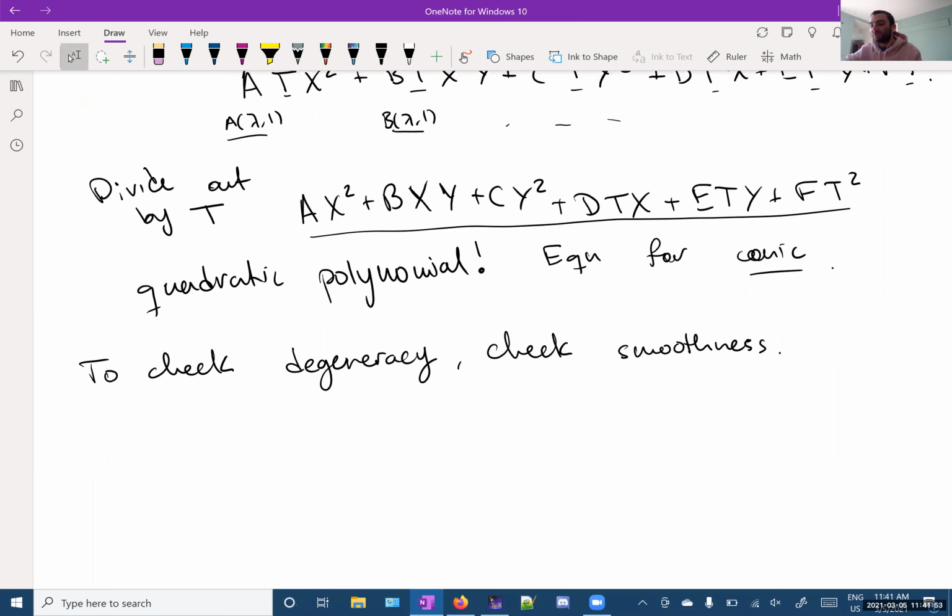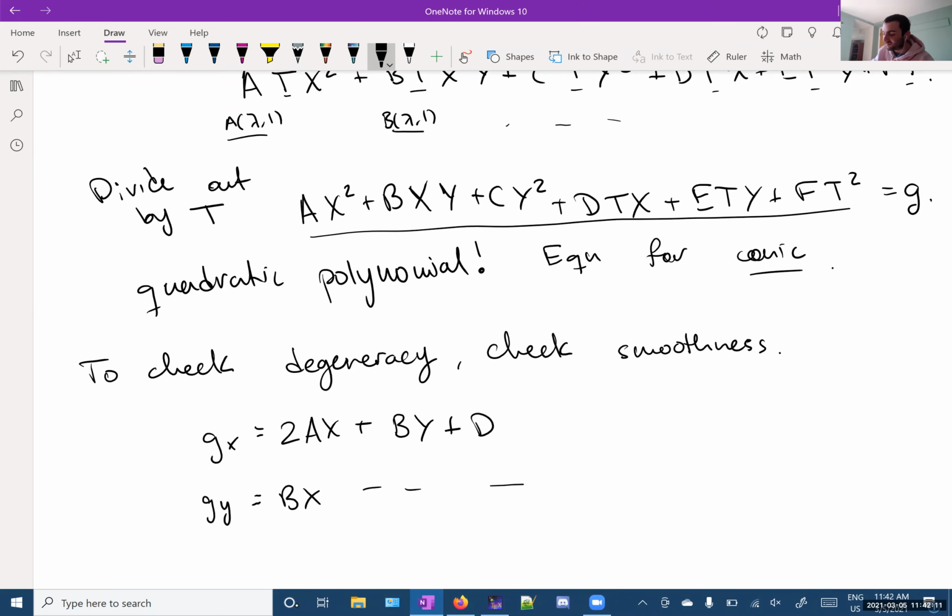Okay, so what do my partial derivatives look like? For this thing, maybe I'll call this g, little g. So g_x is 2ax plus by plus, I don't know, d. g_y is bx plus whatever. We can compute this very easily. It's just derivatives.